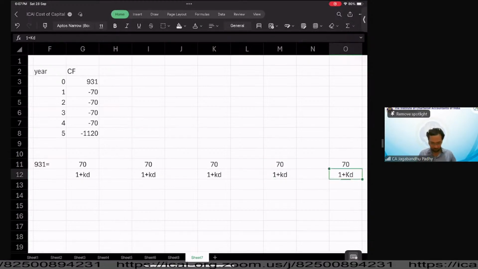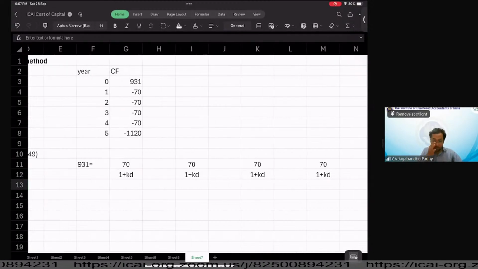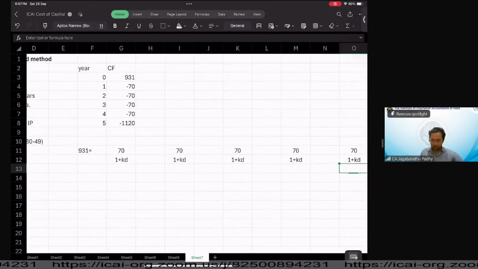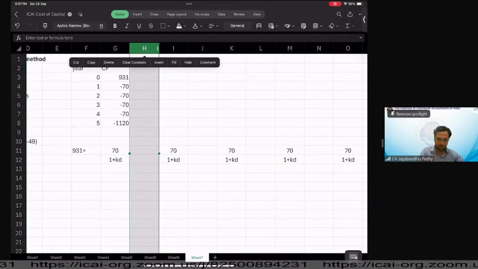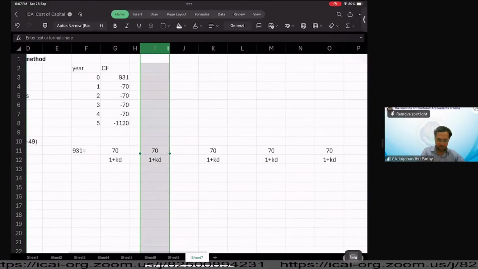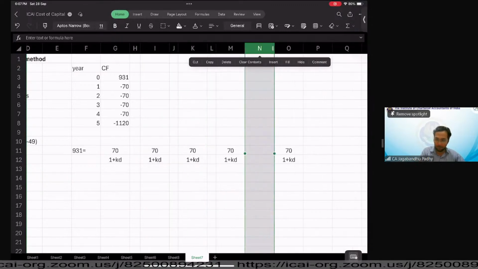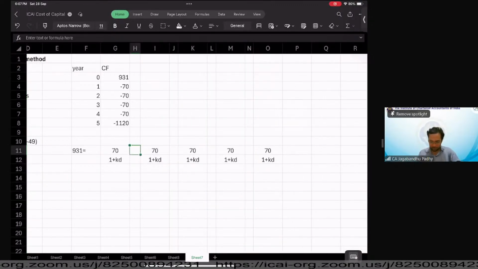Correct? Am I right, guys? Okay. Then, of course, in between, there is going to be this plus sign. Right? So you get the equation.